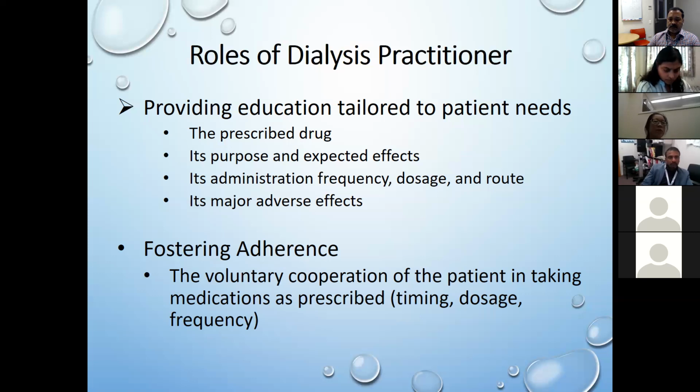So when might you need to ring the pharmacist to come and explain something more clearly, or ask the prescriber if a patient has really major concerns about taking a medicine? You also have a role in helping foster adherence, being the voluntary cooperation of the patient in taking medications as prescribed: the right timing, dosage, and frequency.